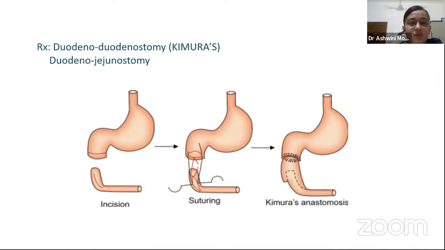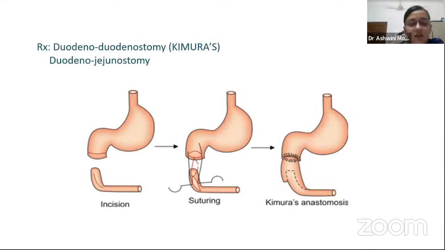Or if a large part of the duodenum is involved, then we have to do duodenojejunostomy. On the upper part, we are putting a transverse incision. In the lower part, we are putting a vertical incision. Diamond shape, we will stitch both parts, and that is called Kimura's anastomosis, right?